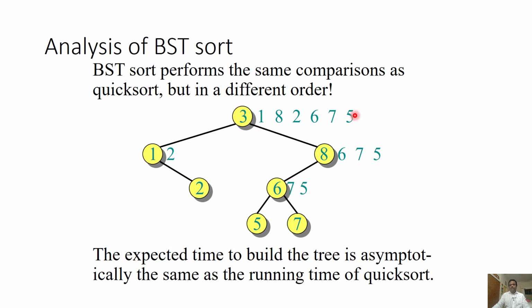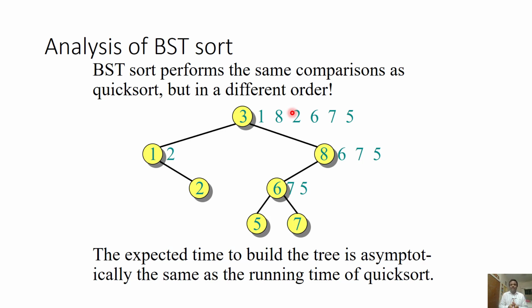Before building the BST, we randomly permute this, and then we build the BST, and we are interested to see what the height of this tree is, and we will see the expected height is log n.